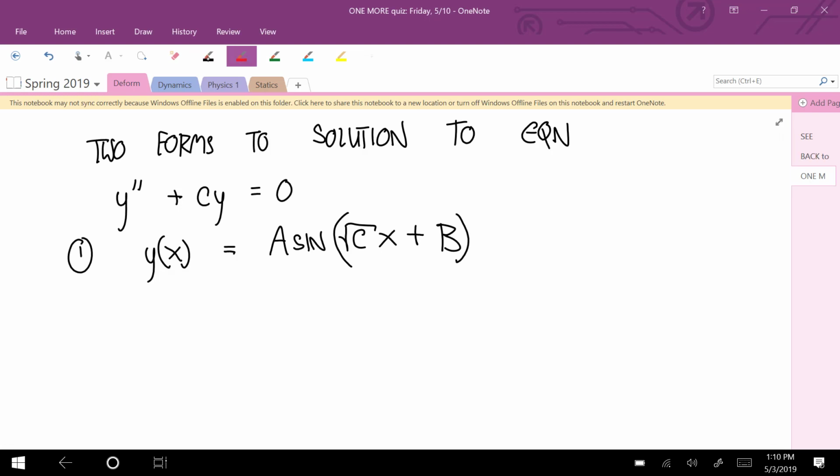And a and b are constants, and you figure those out based on the boundary conditions. So that's one way you can write it.